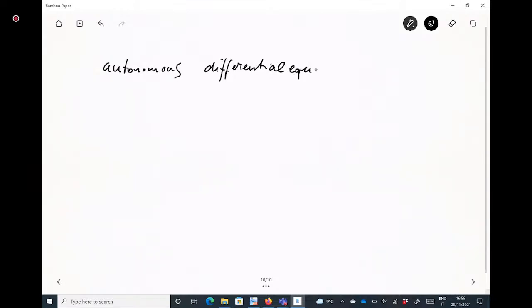So we have autonomous differential equations versus non-autonomous differential equations. And this is a concept that is not related to linear or non-linear, it's a transversal concept, okay?